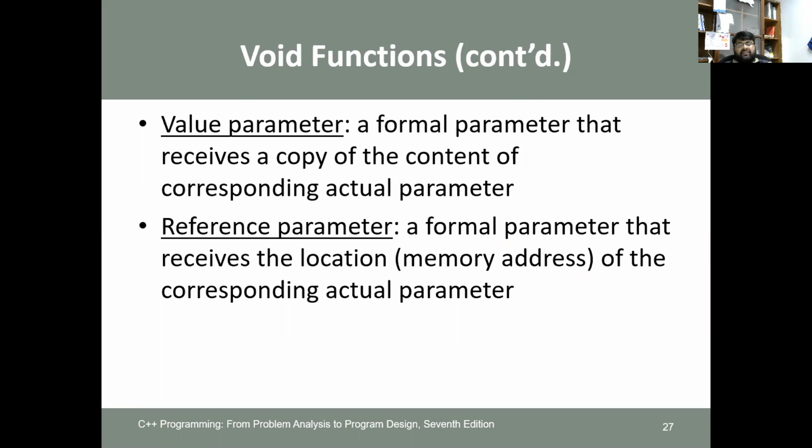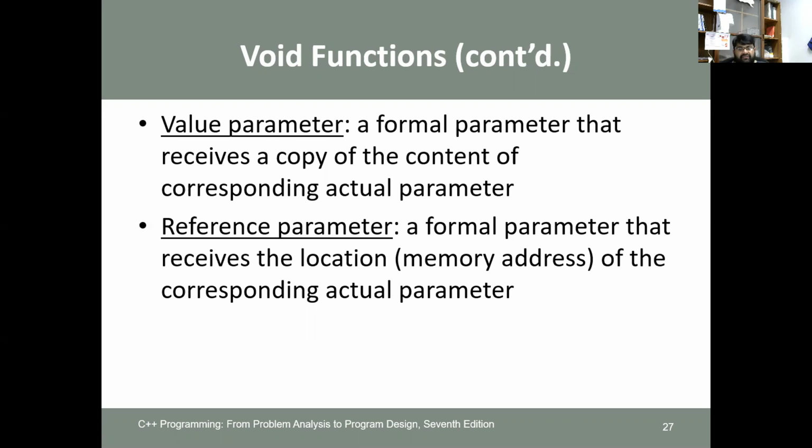If you make changes in the copy, the original will remain unchanged. Whenever you have a value parameter, you need to know that the original cannot change. The original value remains intact, safe and conserved.